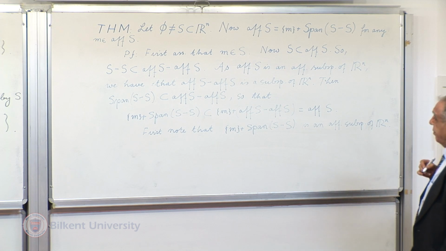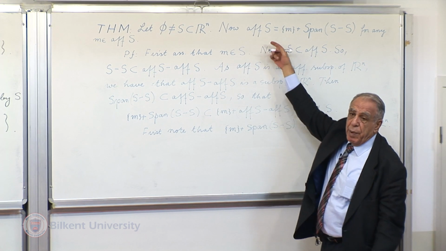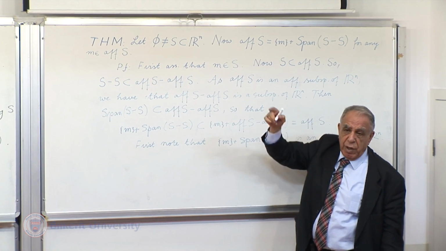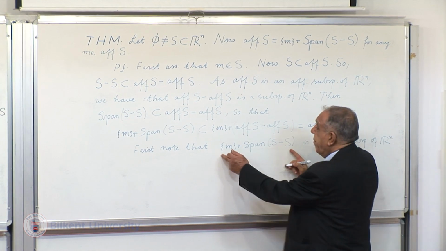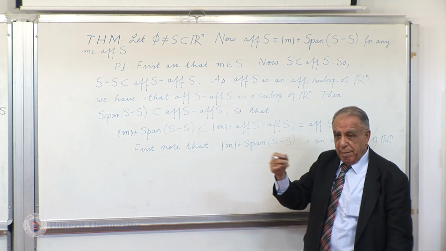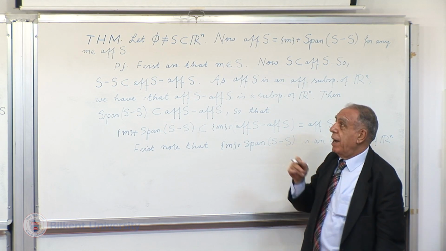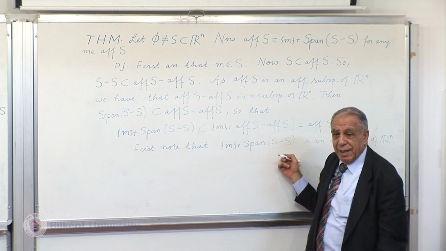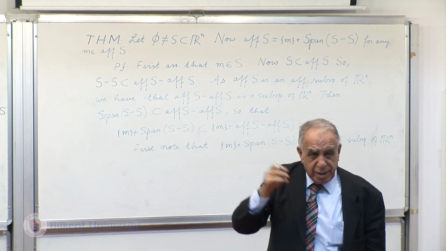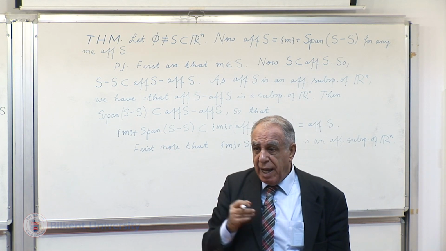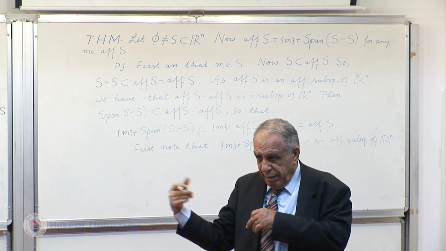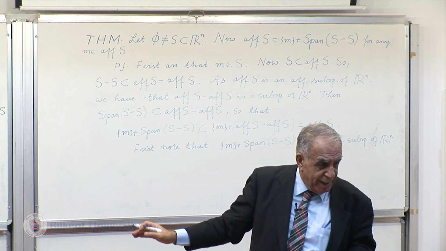But then, remembering the definition of the affine hull of S, if we show that this affine subspace of Rn contains the set S, then affine hull of S will turn out to be contained in here, as affine hull of S is the smallest affine subspace containing S. This is another affine subspace containing S, thus affine hull of S will be contained in here.